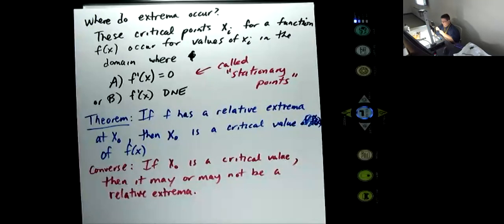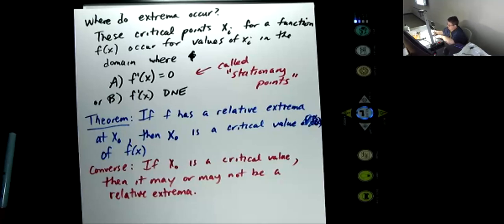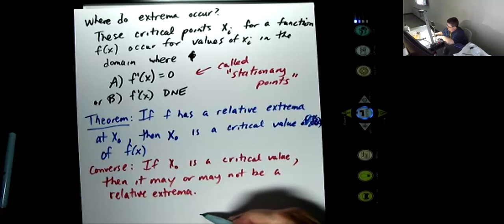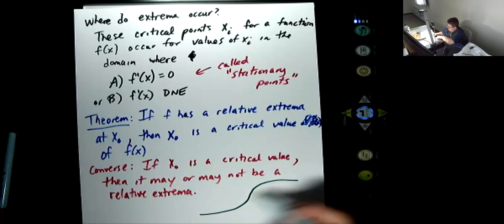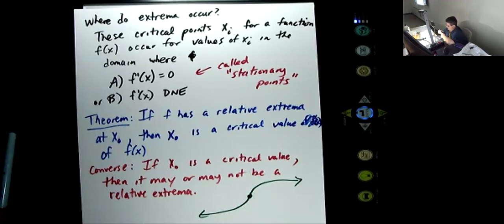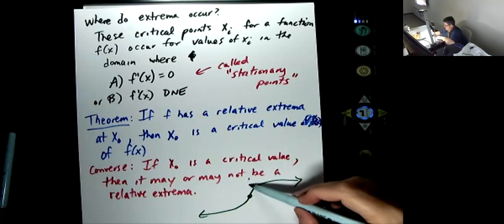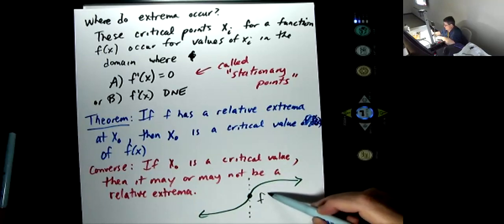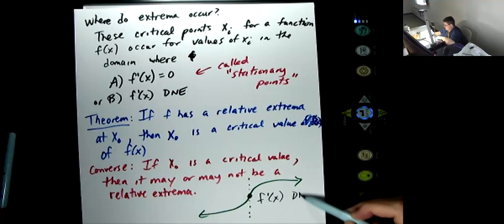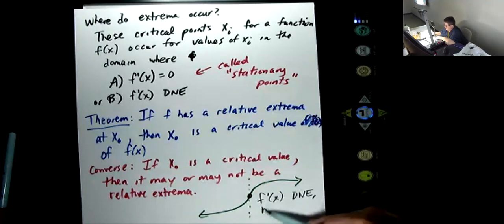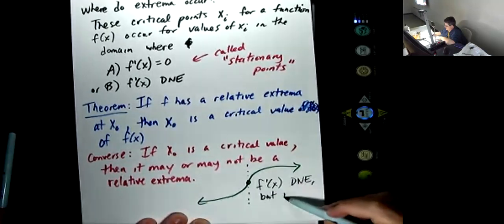There are cases where this occurs, like if I have something like this, f prime of x does not exist here, but it's not an extrema.